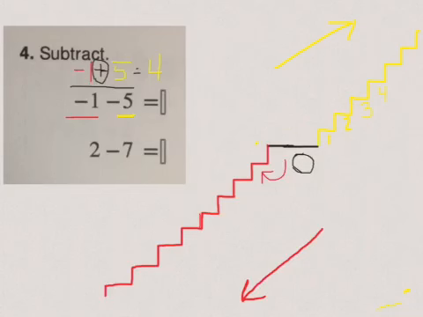So while we would be facing like we were going up, we're actually going to walk backwards 5 steps. So there's 1, 2, 3, 4, and 5. And what you'll see is that we end at -2, -3, -4, -5, and -6. So we're ending on the 6th step below where we started.